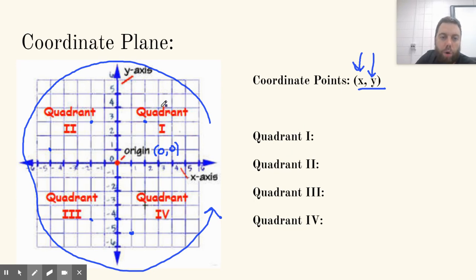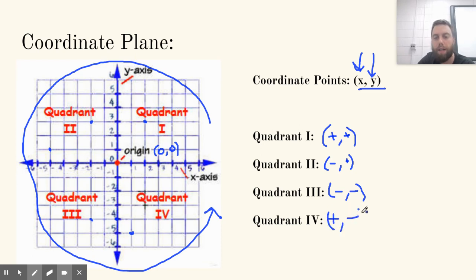Every point you see in quadrant 1 is going to have a positive x and a positive y. Every point you see in quadrant 2 is going to have a negative x and a positive y. Every point you have in quadrant 3 will have a negative x and a negative y. And every point in quadrant 4 will have a positive x, got myself confused for a moment, and a negative y. Okay.